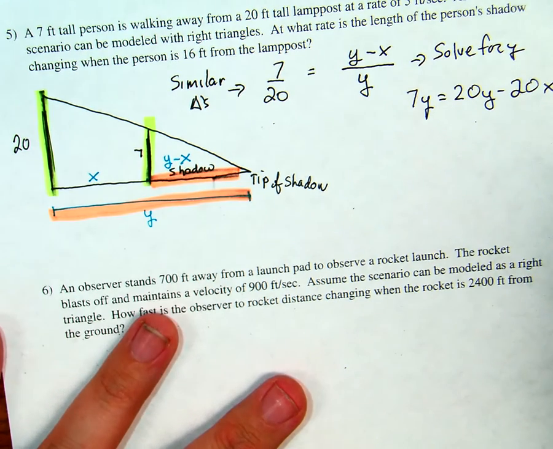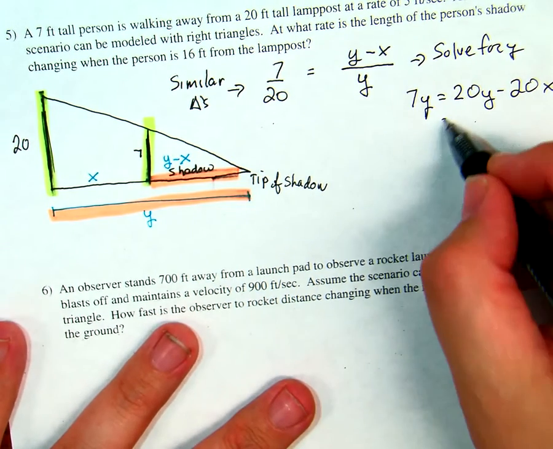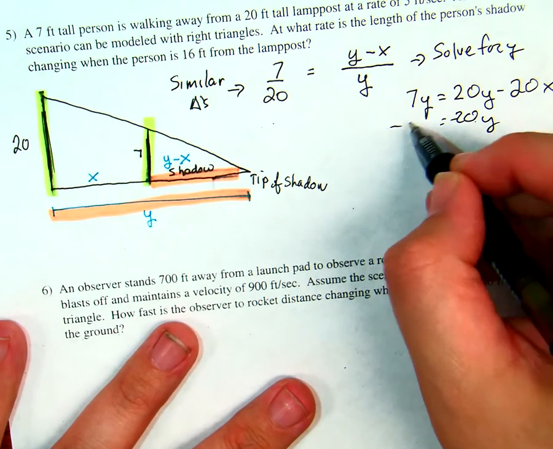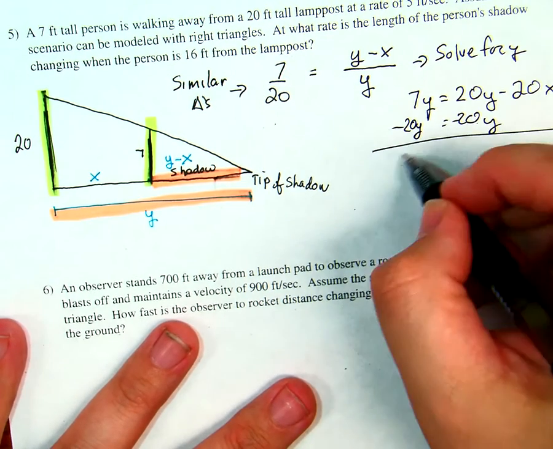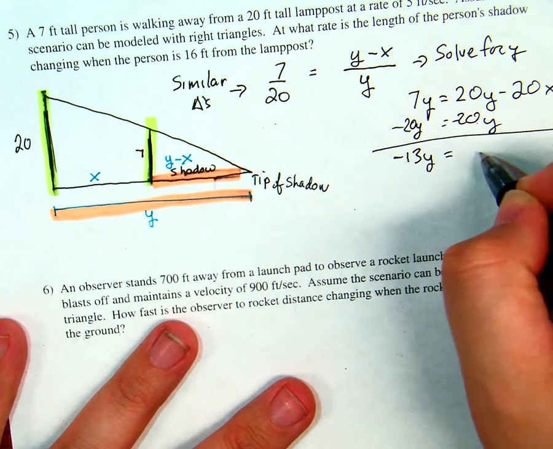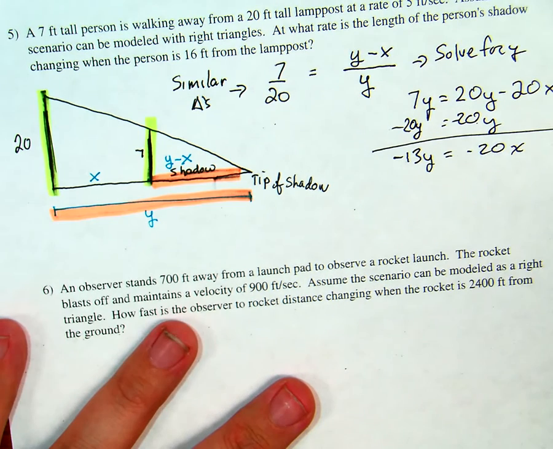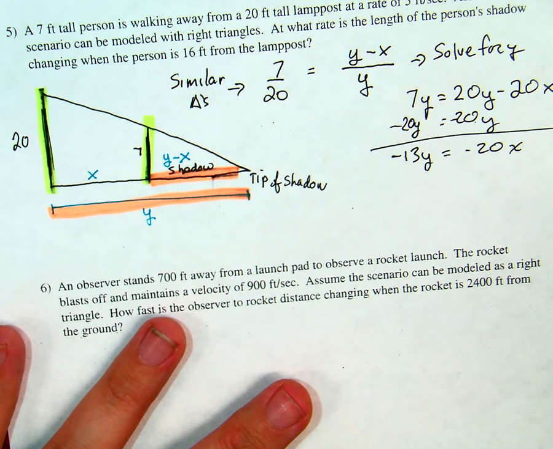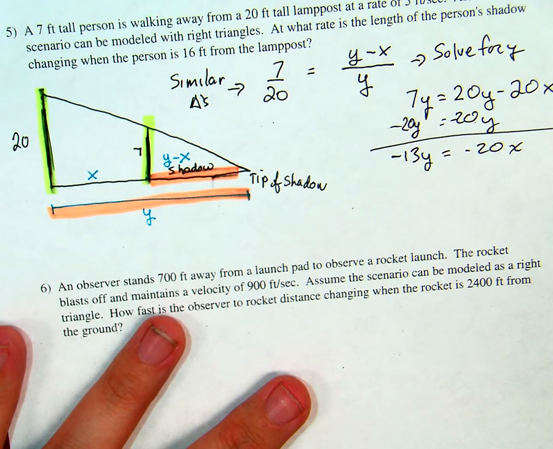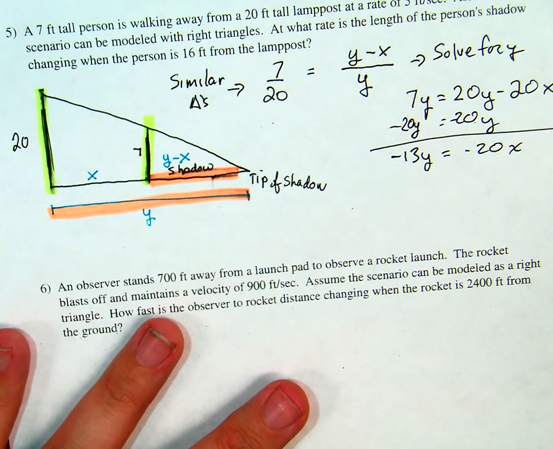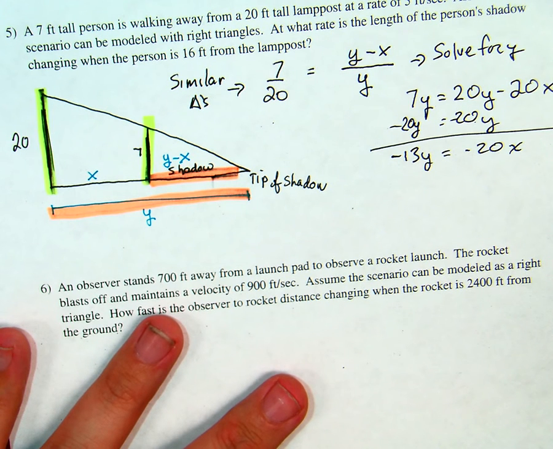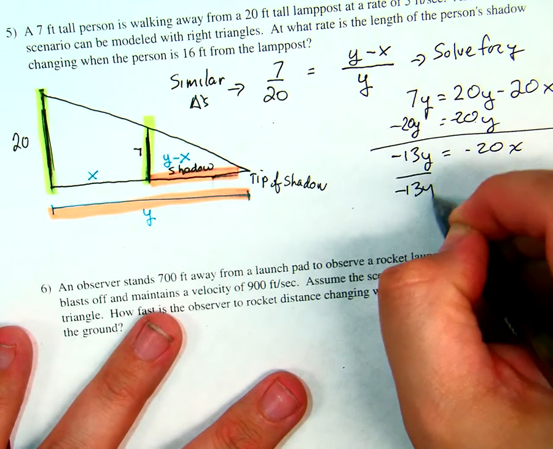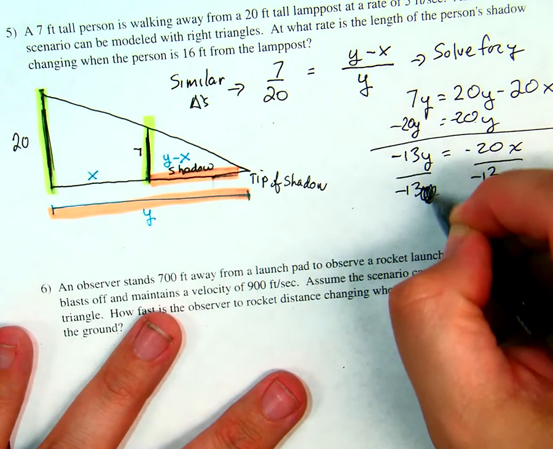So I get negative 13y is equal to negative 20x. And then I divide by negative 13, not by y, negative 13. So y is equal to 20 over 13x.